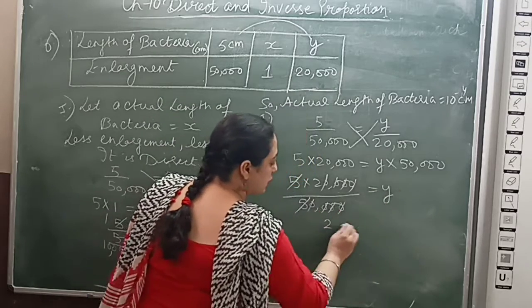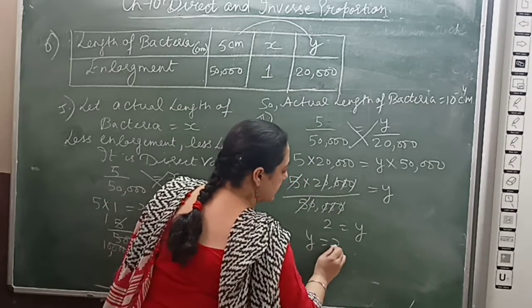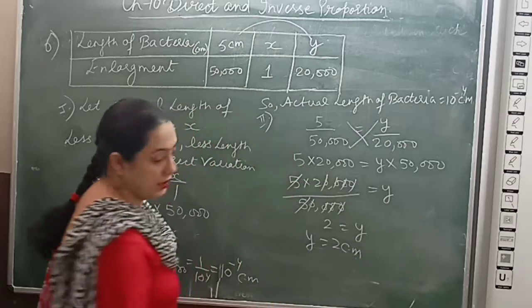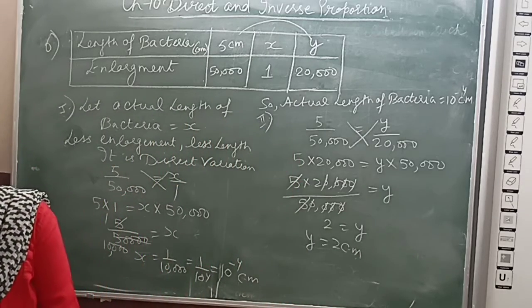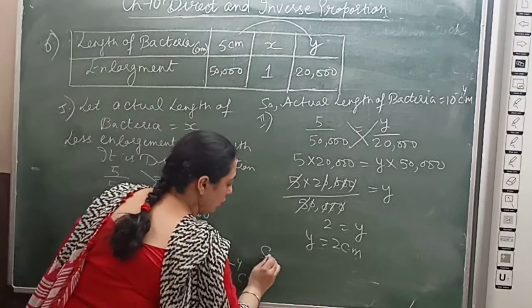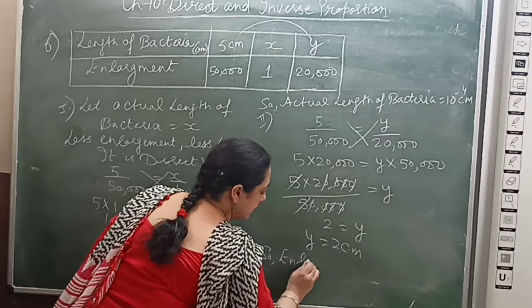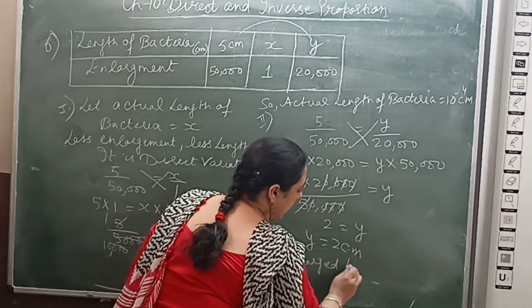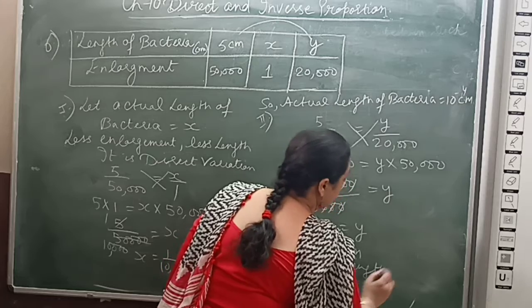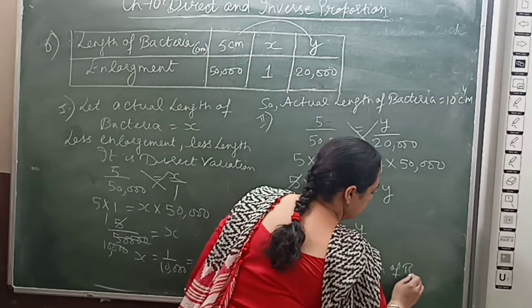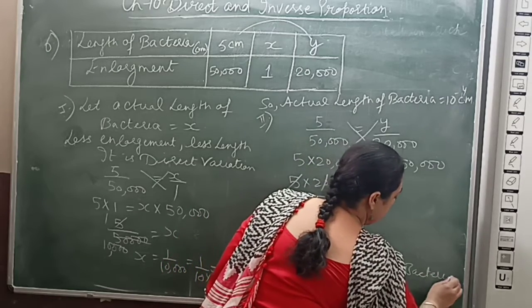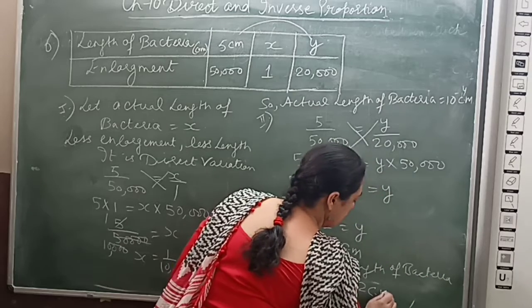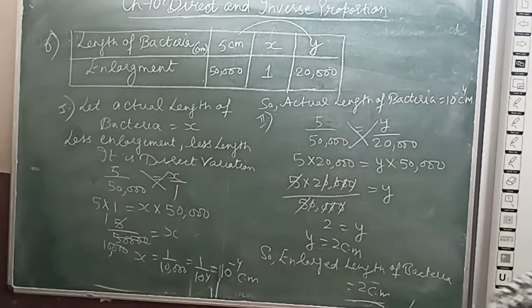You are left with the 2. So y is 2 centimeter. So the second part is, the enlarged length of bacteria is 2 centimeters.